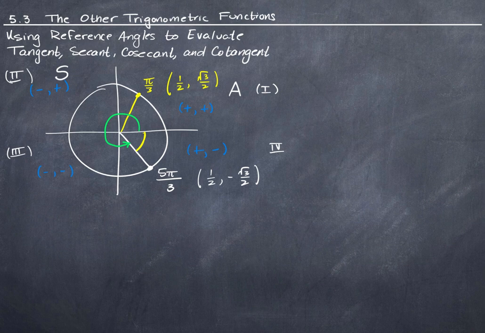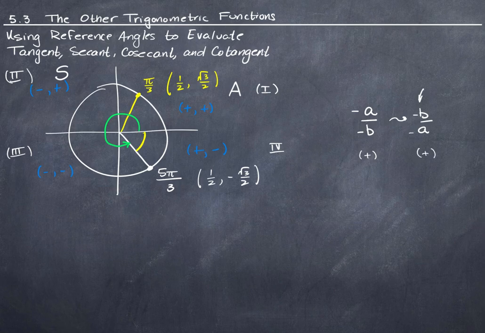Now, remember that if you take a fraction a over b and you want its reciprocal, you end up with b over a. If the fraction starts out positive over positive, then the result is also going to be positive over positive. If the fraction starts out a negative over a negative, which by the way is a positive, then the result will also be a negative over a negative.